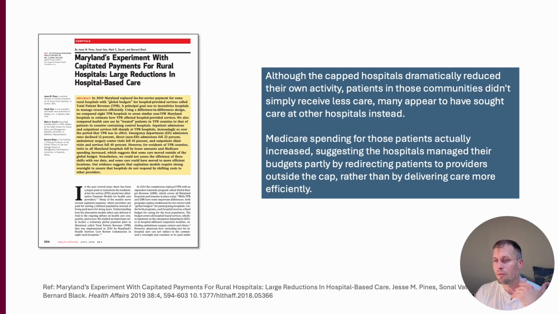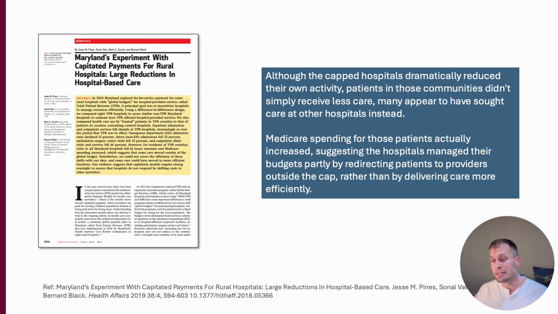And so Medicare was being charged more or billed more, which maybe indicates two things. One, the patients were maybe not getting all the care that they wanted to, so they were forced or diverted to other hospitals. And two, maybe the hospital was like, okay, we can't charge any more here, so we're going to charge for these other services.